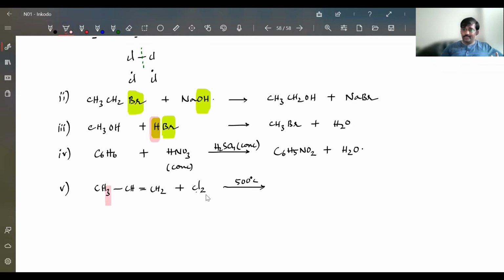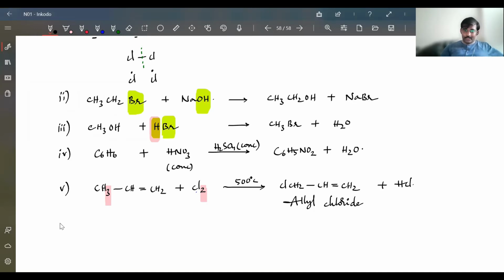This hydrogen will be replaced with one chlorine, so I'll be getting allyl chloride, Cl-CH2-CH=CH2. This allyl chloride will come out along with HCl. So this is the reaction taking place. Here hydrogen is replaced by chlorine.